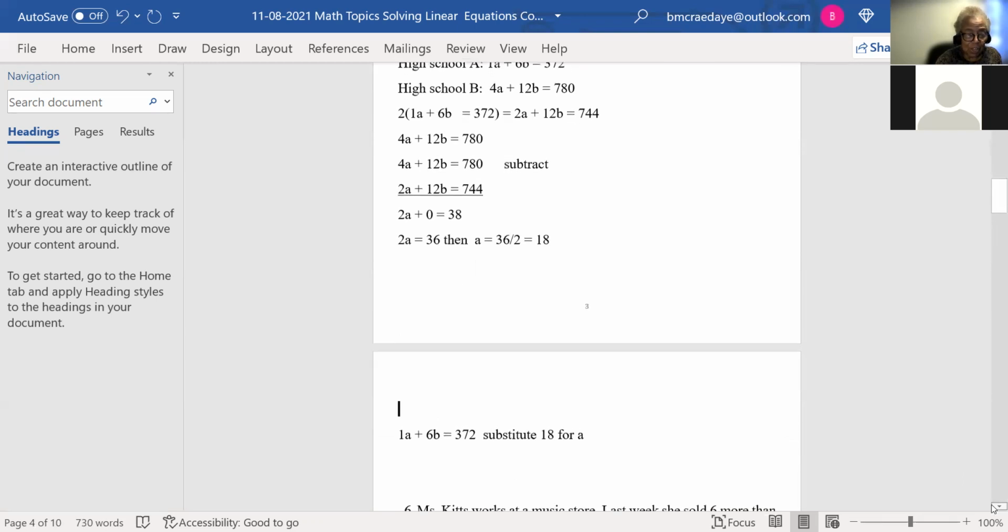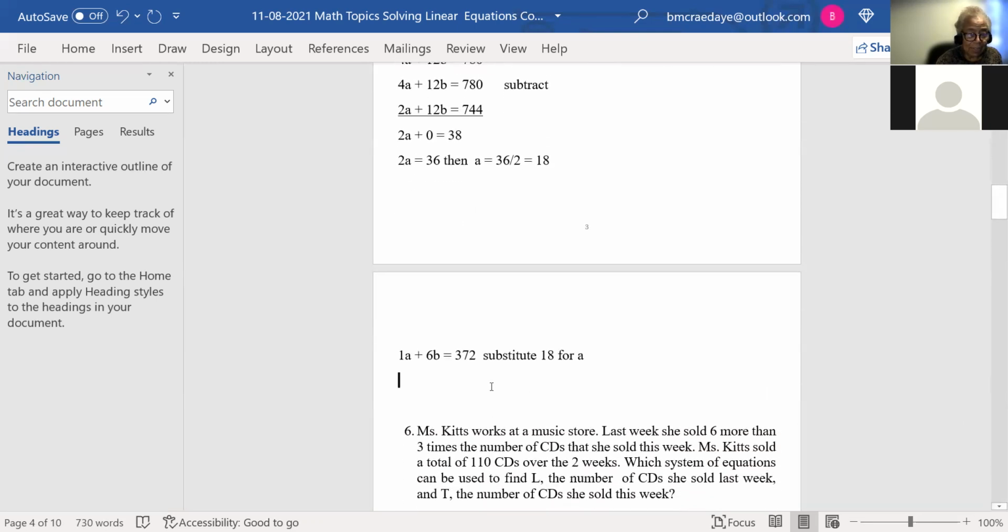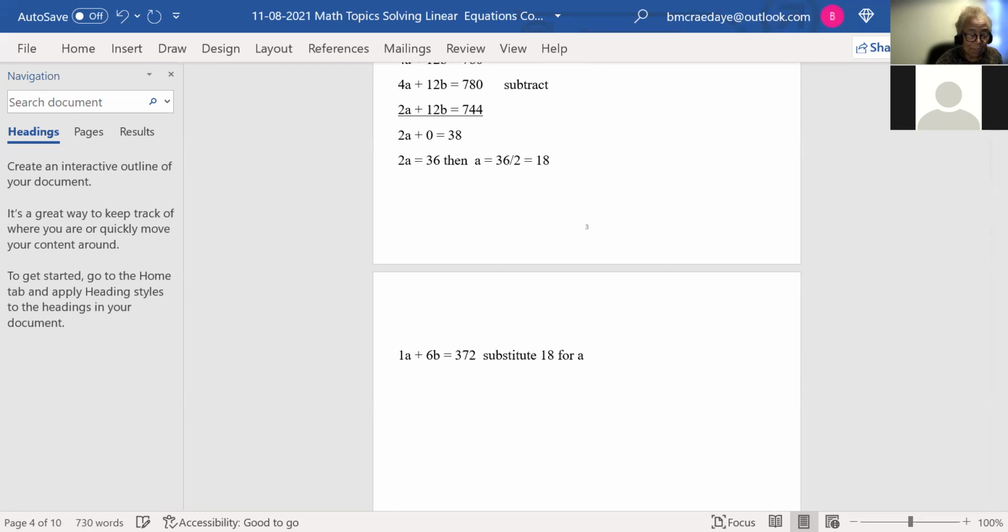That means where you see A, you're going to put 18. So that means this is going to be what? No, A is 18. So then I'll put 1 times 18 is 18.